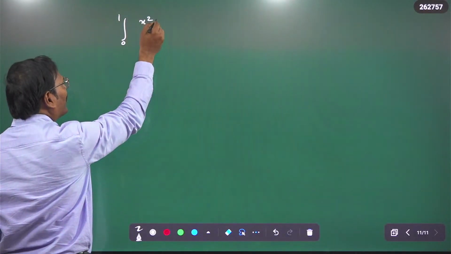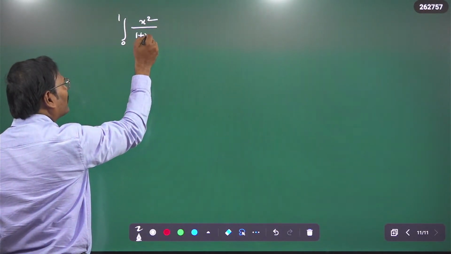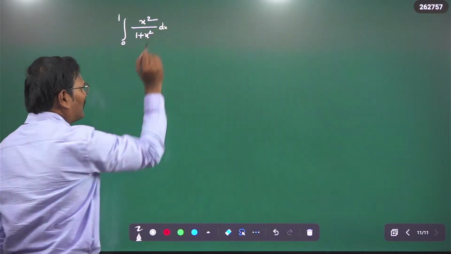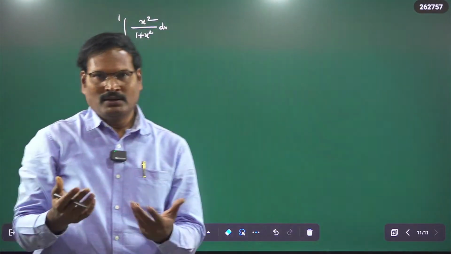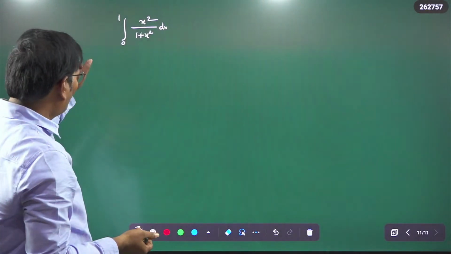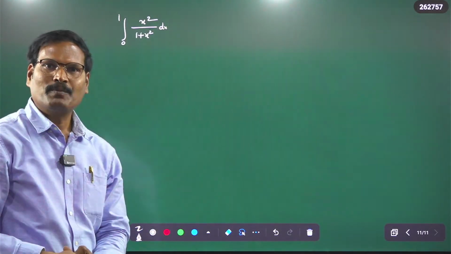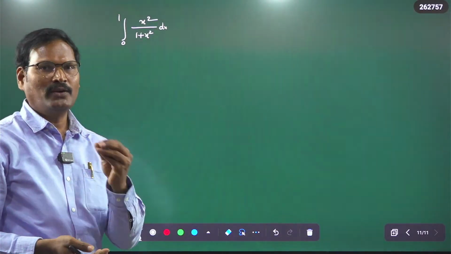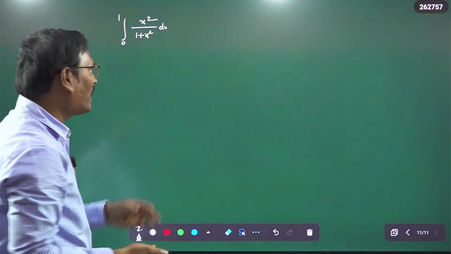So the first question is integral 0 to 1 x square by 1 plus x square dx. So this is the question. Tell me, is there any formula which is suitable to solve this problem? Actually, we don't have any formula here. So what we have to do?